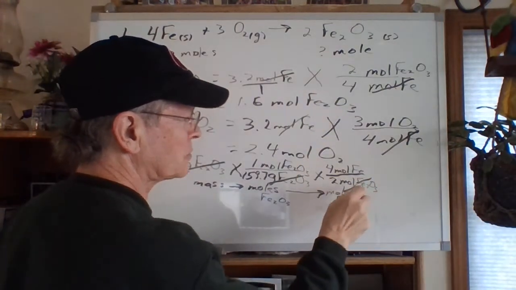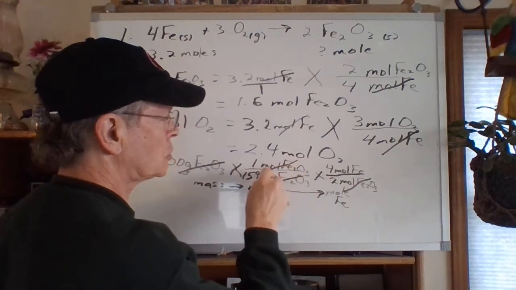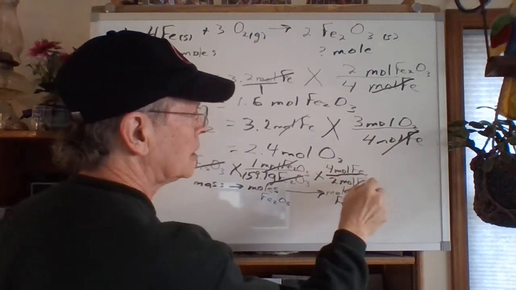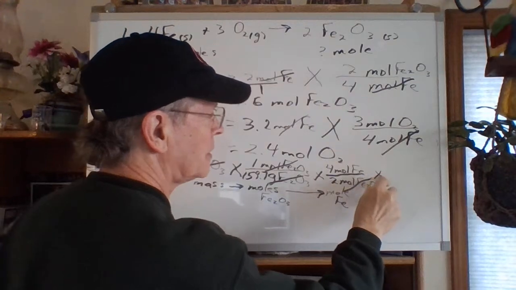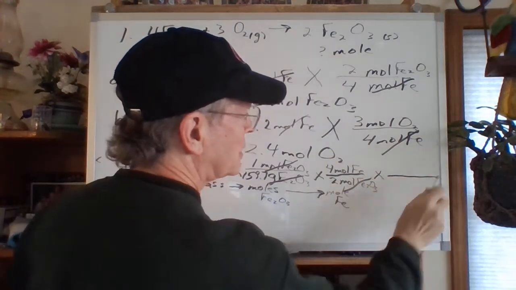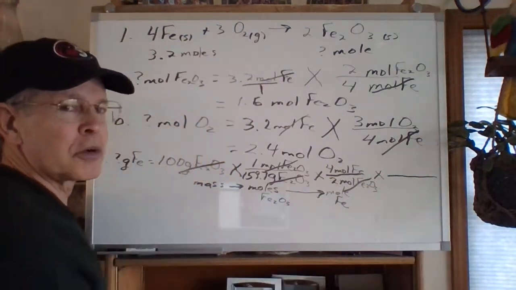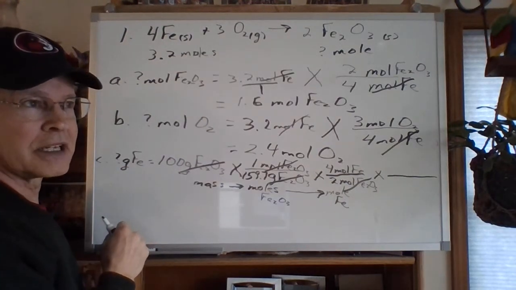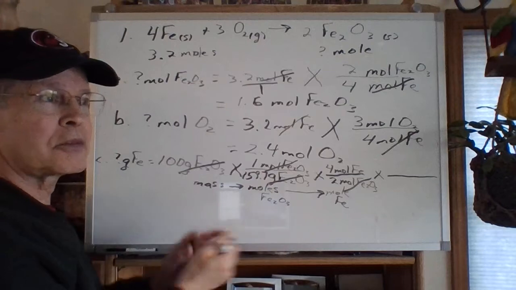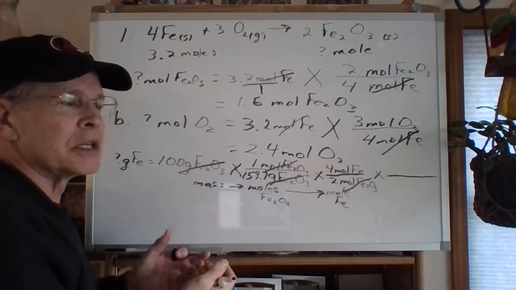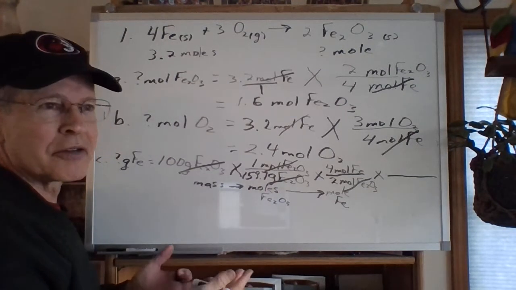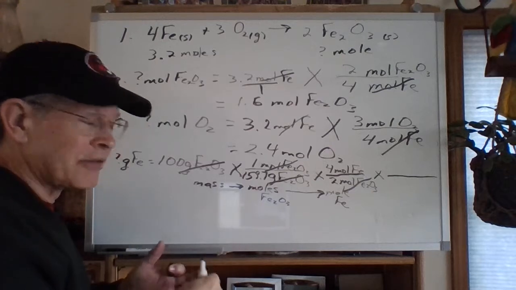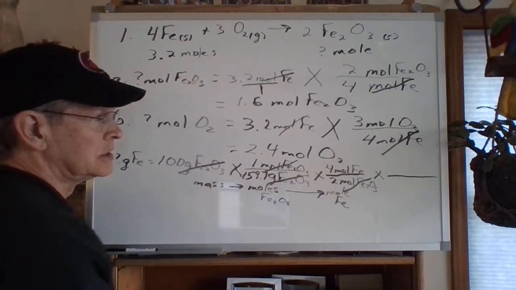Anyway, we cancel the unit moles of Fe2O3, and we're left with the moles of iron. We've got one more step because we didn't ask for moles of iron. We want grams of iron. Not how many atoms, but how heavy would they be? Because in the lab, of course, we can't count the atoms. We have to measure their mass.